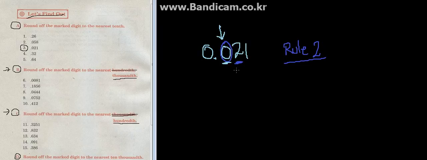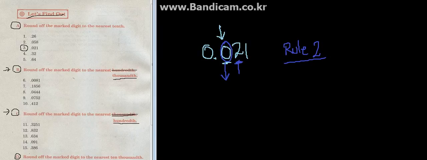According to rule 2, we just keep the marked digit as it is. We don't add anything. And the 2 changes into a 0, and also the number after 2 is changed into 0.